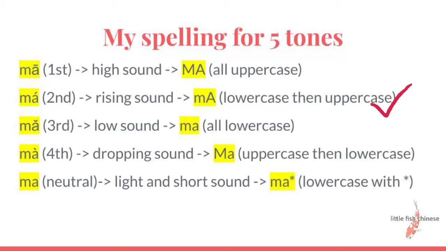Rising sound, lowercase, then uppercase. 3rd tone, ma. Low sound, all lowercase. 4th tone, ma. Dropping sound, uppercase, then lowercase. The neutral tone, ma. Light and short, all lowercase with an asterisk.